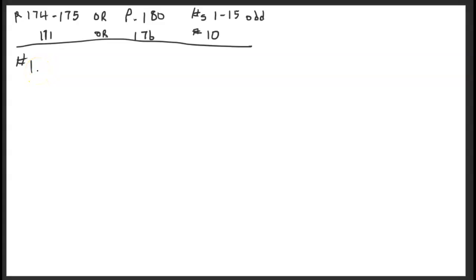Number 1 says, in the Saturn series, the length of the C5 rocket is 175% that of the C1. Together, the lengths of these rockets total 550 feet. How long is each rocket? Okay, so the first thing I do when I read a word problem is read the question so I make sure I know what is being asked for.